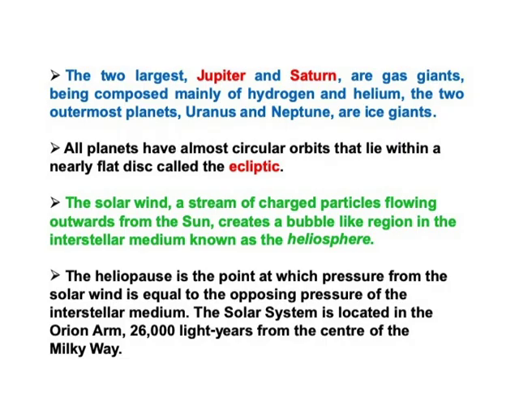The heliopause is the point where the pressure from the solar wind is opposed by the pressure of the interstellar medium.